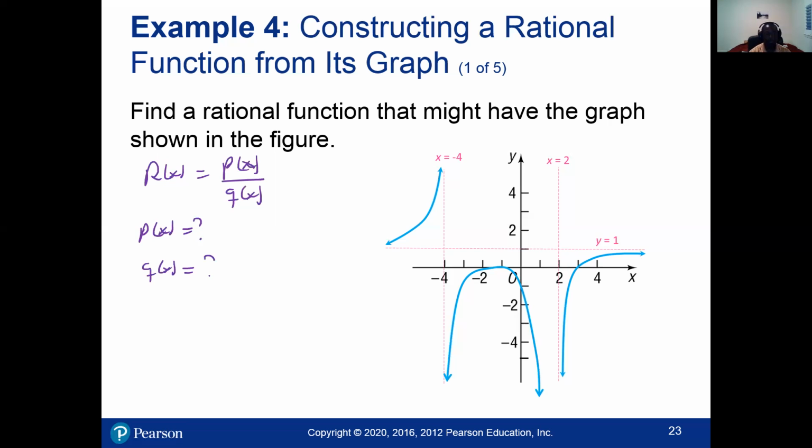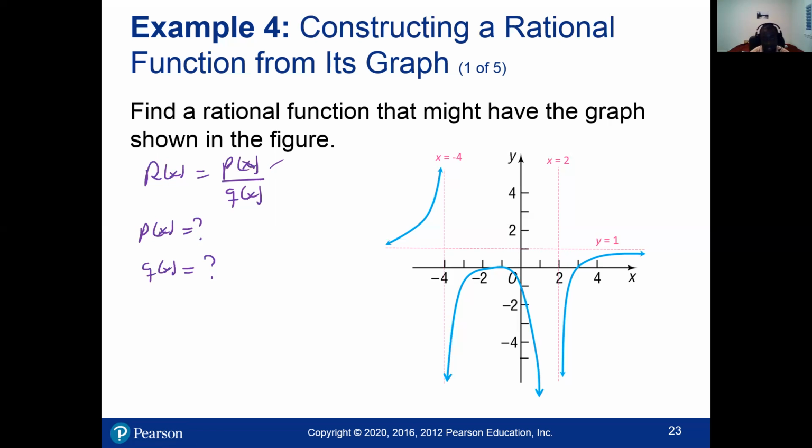Now, before we go on, we know that the vertical asymptotes go with the denominator, and where the graph crosses and touches the x-axis goes with the numerator.